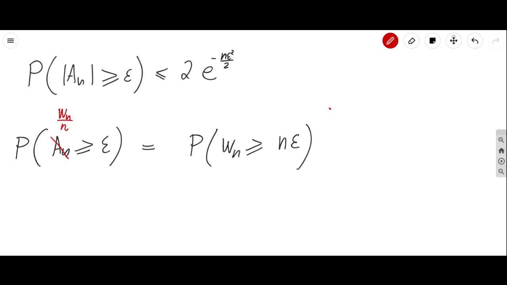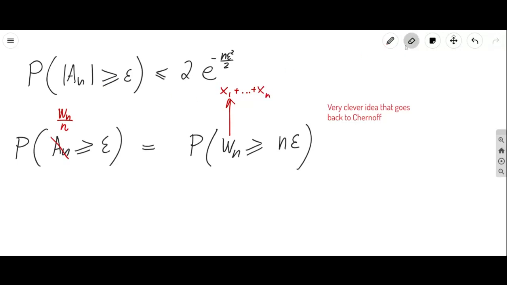And now we're going to do something very clever. This is a very clever idea that goes back to Chernoff. And when you first see it, it's not going to be clear why you're doing this. But basically, we have to recall what W_n is. W_n is a sum of coin tosses.